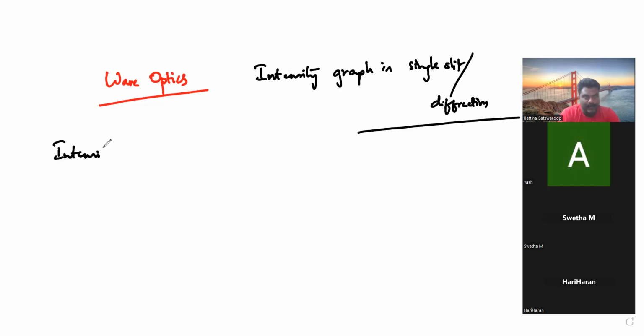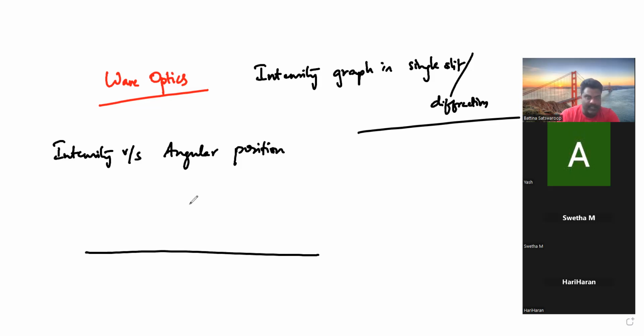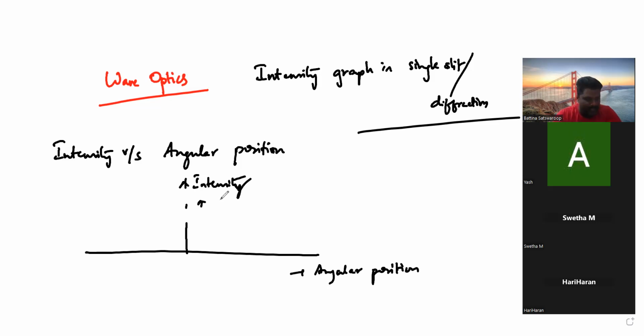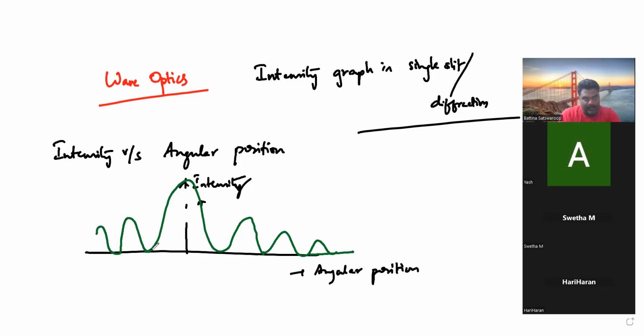First one is for intensity versus angular position. எல்லா கிராஃபும் ஒன்று தான்மா, கிராஃபில் ஒன்றும் பெருசாக வேரியேஷன் இல்லை. இப்போ இது இன்டென்சிட்டி, இங்க வந்து ஆங்குலர் பொசிஷன் எடுத்துக்கணும். ஓகே, உங்களுக்கு தெரியும், I am not drawing, not writing neatly. ஓகே, so what will happen here? பார்த்துருக்கீங்களாம்மா இந்த மாதிரி கிராஃப்? இந்த பக்கம் அதே மாதிரி வரும்.